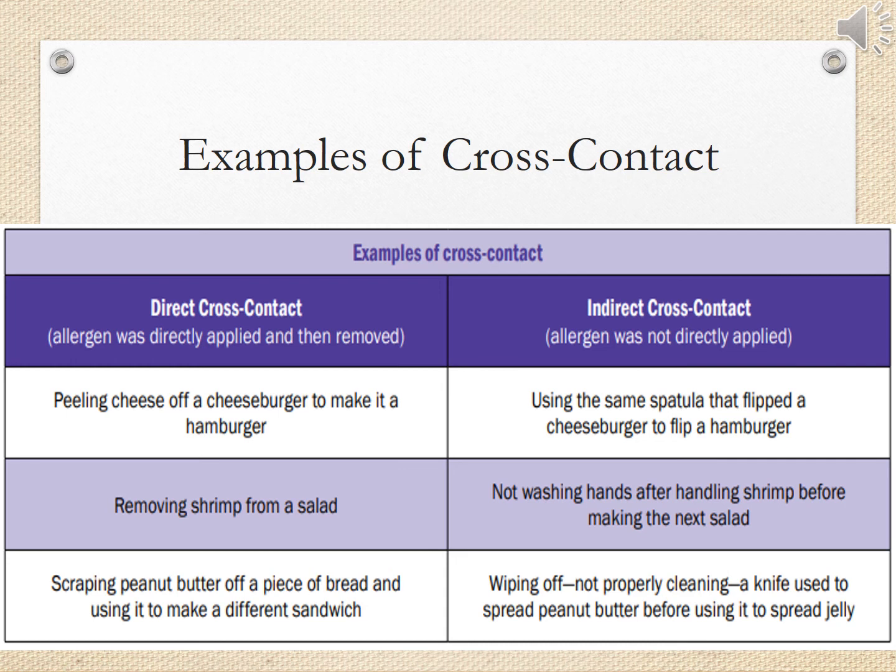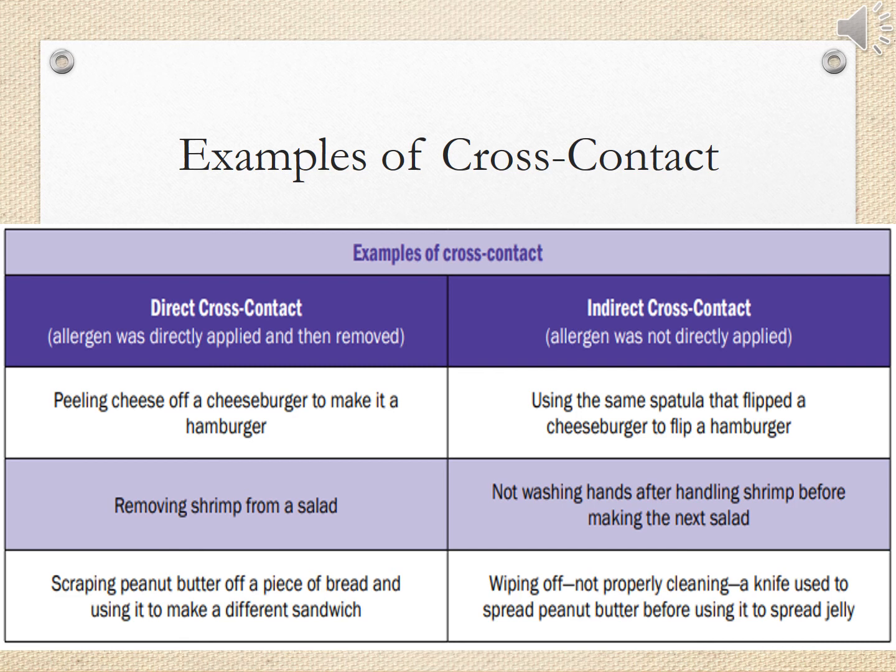We would need another hamburger patty that had not come in contact with the cheese. Another form of direct cross-contact: if you put shrimp in a salad and then just took the shrimp out, there may still be traces of that shrimp protein left on the bed of lettuce. Scraping peanut butter off a piece of bread will still leave the allergen from that direct cross-contact.